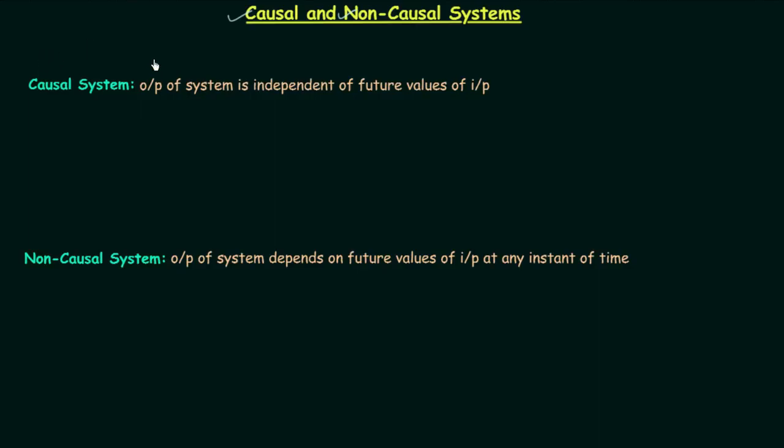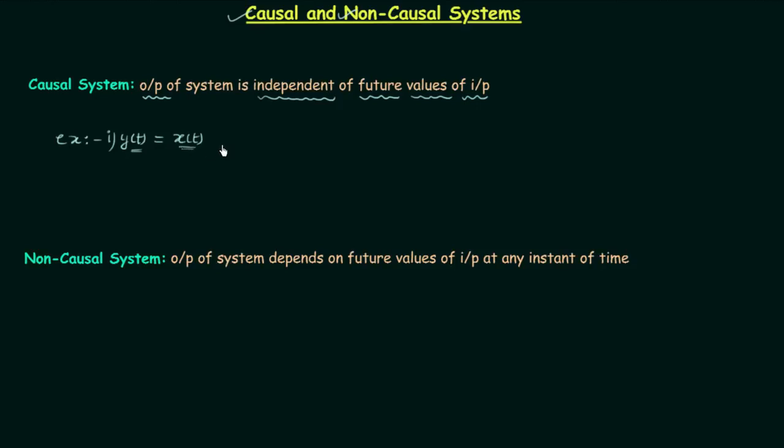Causal system is a system in which the output of the system is independent of future values of input. So this is the definition of causal system. Now let's try to understand this by the help of few examples. In the first example, the output y(t) is equal to x(t), and you can see output y(t) is dependent on the present input.